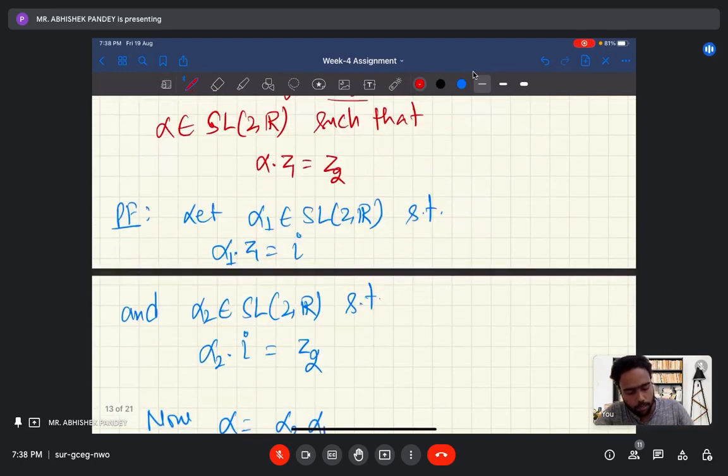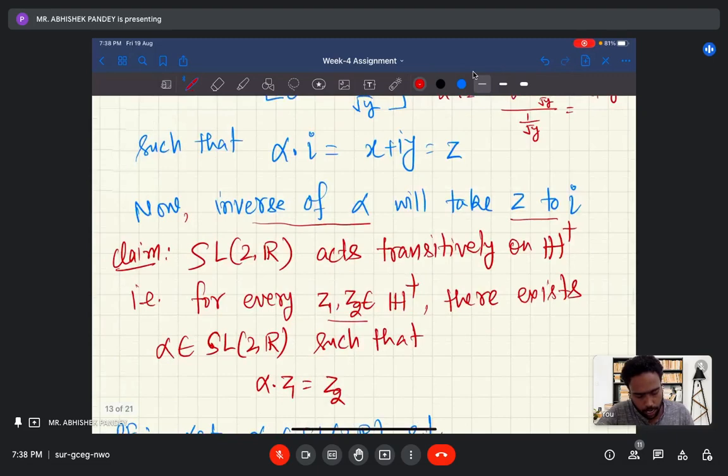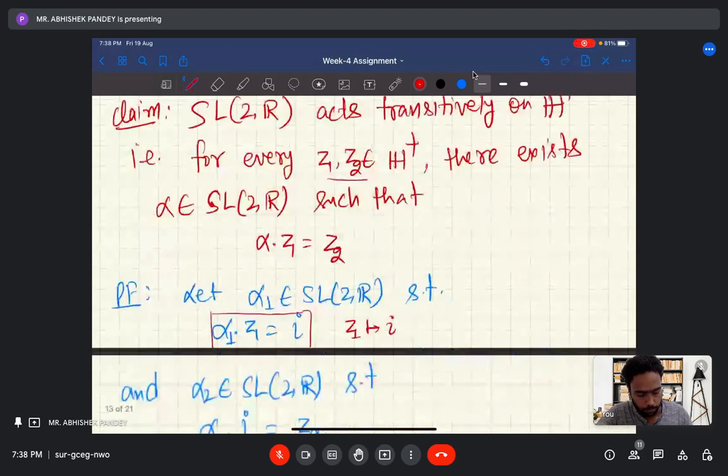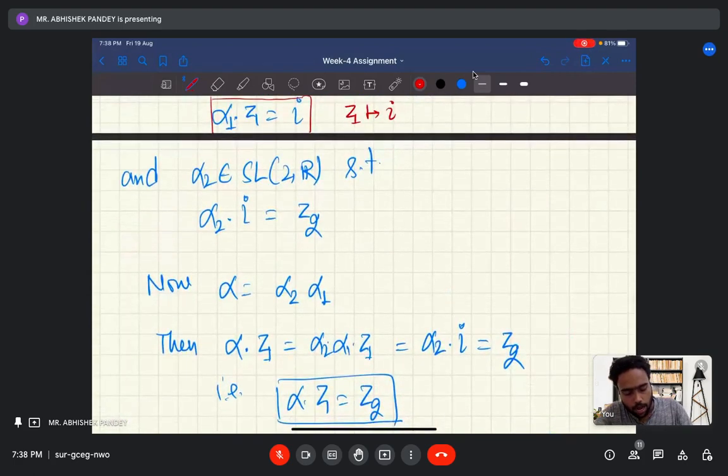So let alpha1 belong to SL2(R) such that z1 goes to i. This will exist, basically alpha1 is the inverse of alpha. And alpha2 will also exist, belonging to SL2(R), such that alpha2·i equals z2.